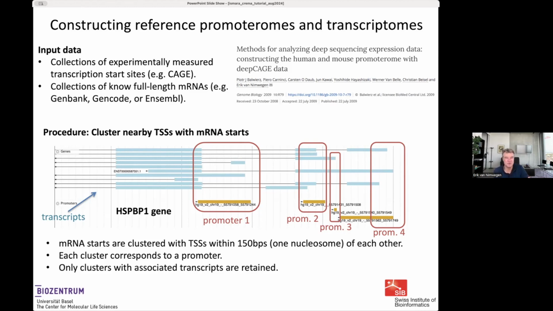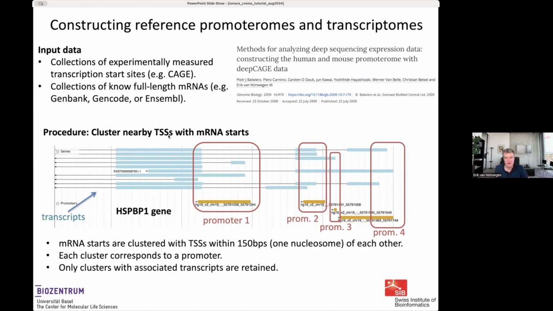The one that we've used most is called CAGE, which captures 5' ends of mRNA. And then we combine that with collections of full-length mRNAs that come from databases like GenBank, GENCODE, or Ensembl. The methods that we use for that are described in this Genome Biology paper from 2009. To just illustrate how it works, it's really quite simple.